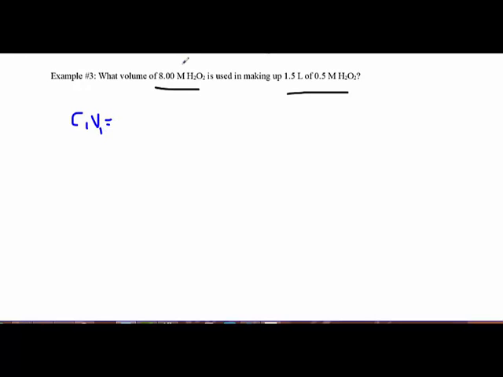And again, we can go ahead and label right in our question what variables we have. So C1, the original concentration of the more concentrated solution, is going to be this one right here, 8 molar H2O2. There's my C1. In fact, this time I'll write it here, but I'll also write it off to the side for those of you who would prefer to set up your calculations this way.